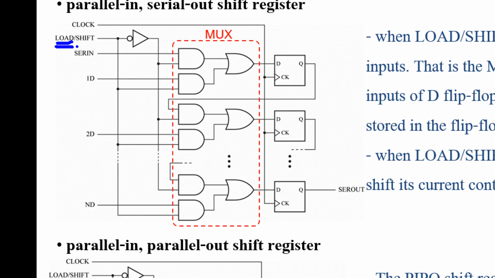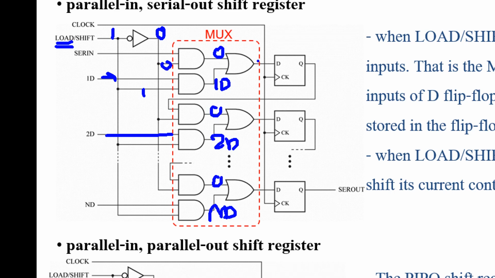For load, you apply 1 here. This will become 0. That means 0 and anything becomes 0 here, 1 here, and 1 and data D becomes 1D here. For this one also, it's 2D and ND. Okay, this one is 0, 0.